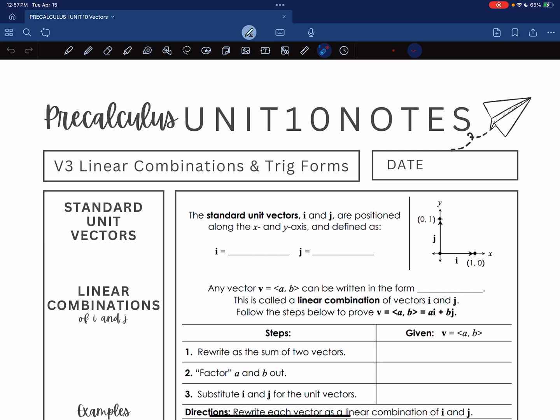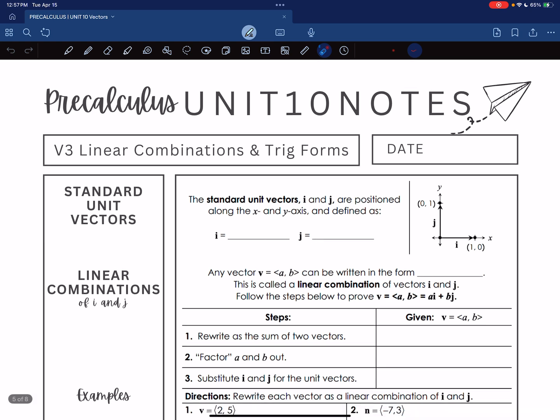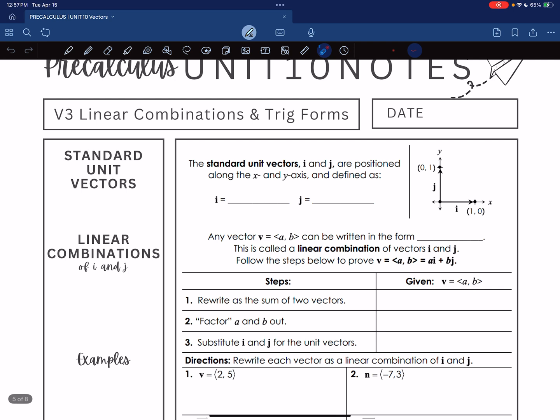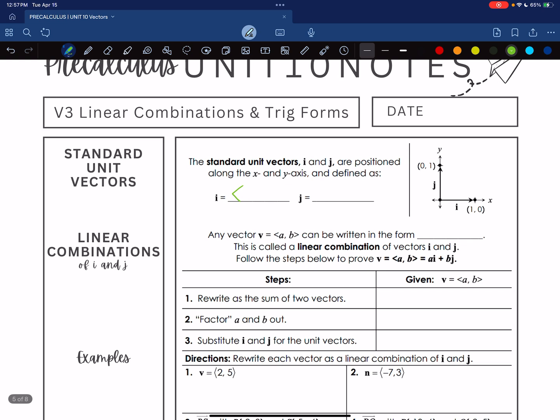So let's get started. The standard unit vectors, i and j, are positioned like you see here along the x and y axes. And that i vector, that horizontal vector, is going to be defined in component form as 1, 0.